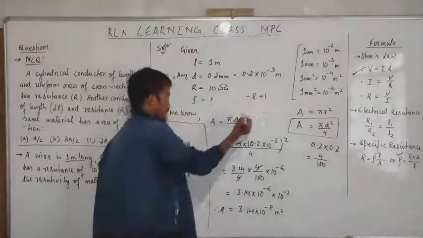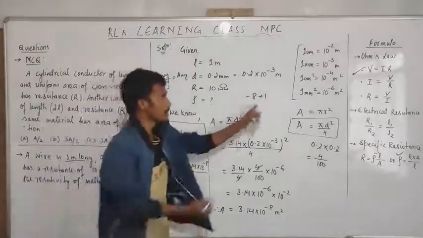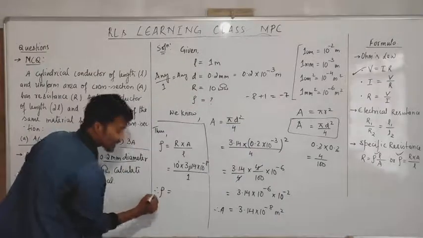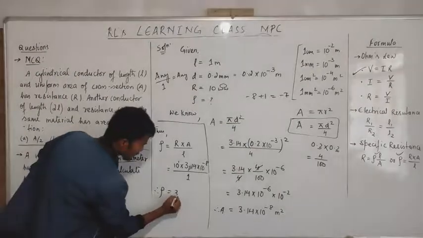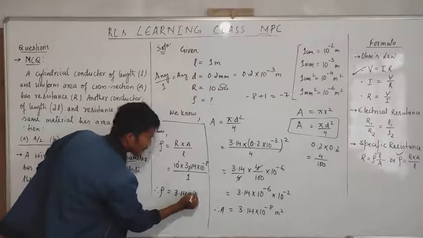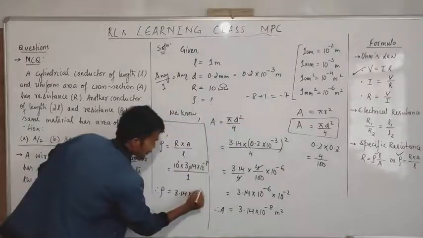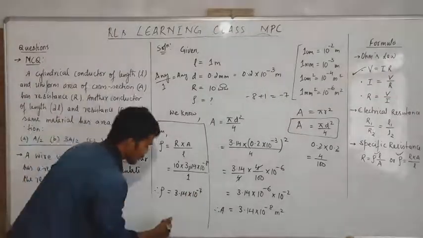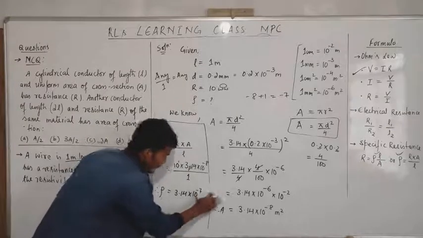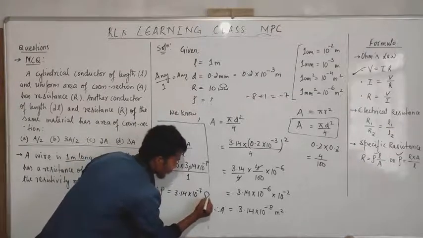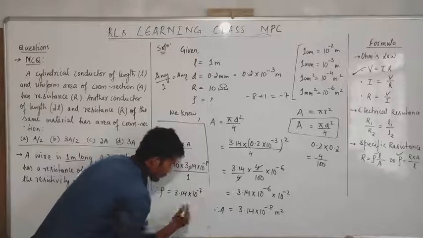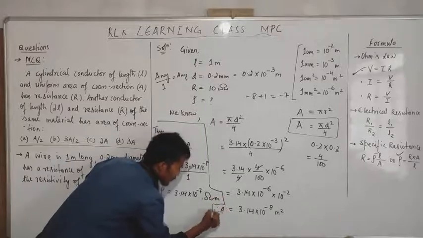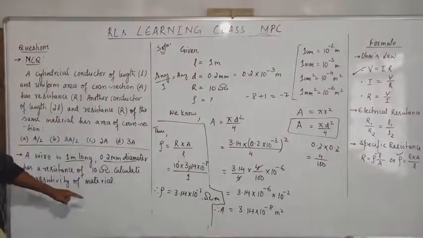Therefore electrical resistivity rho is equal to 3.14 into 10 to the power minus 7. Then I told you don't forget to write the units. The unit will be ohm meter. Now we got the answer for this question.